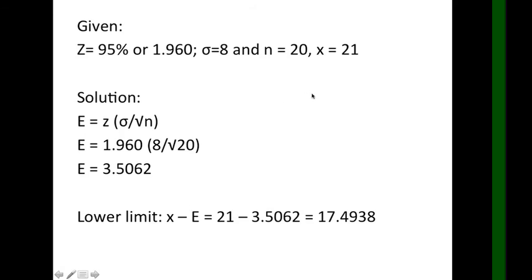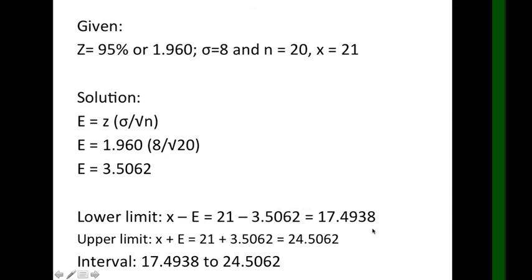The x is 21, so that is 21 minus 3.5062, and the answer is 17.4938. For the upper limit, that is x plus e equals 21 plus 3.5062, and the answer is 24.5062. So the interval now is 17.4938 to 24.5062.